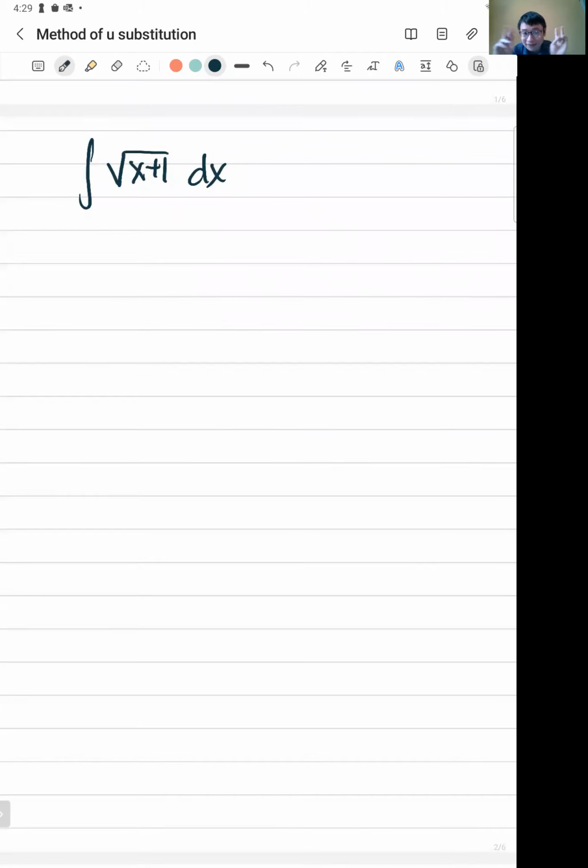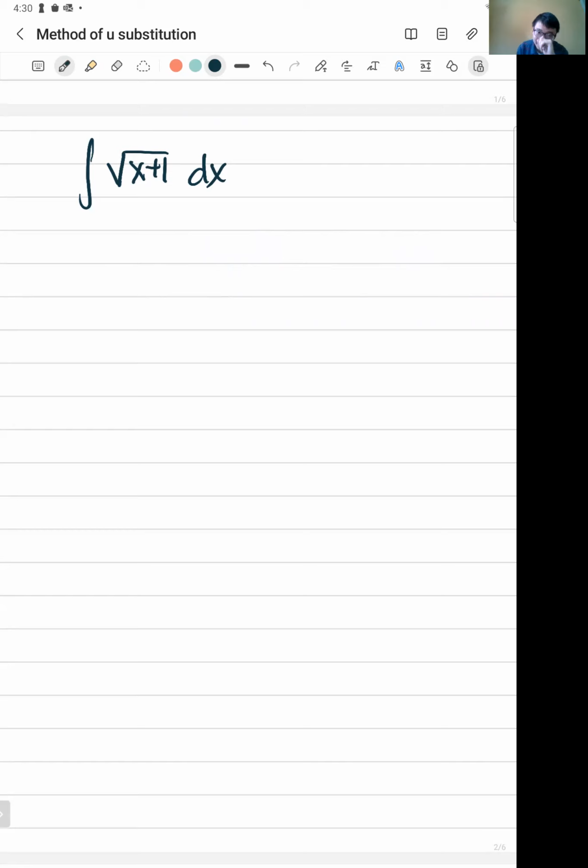But instead of guessing, we can use u-substitution. Why can we use it? It's just following the flow of this function, right? For anyone who can say which one is f of x and g of x, congratulations, you're an A plus student in integral calculus.